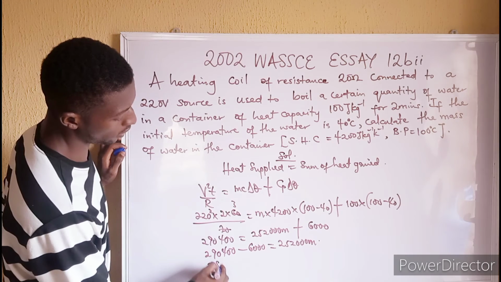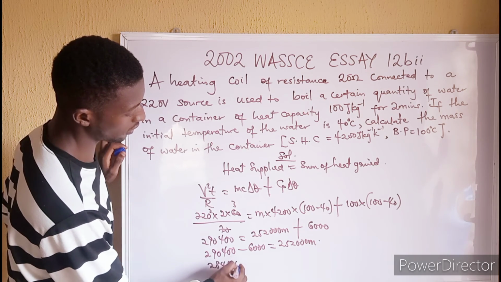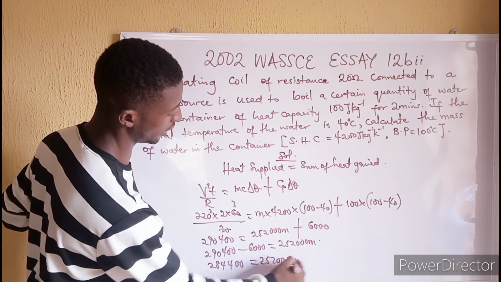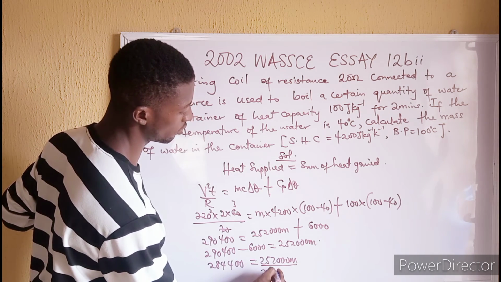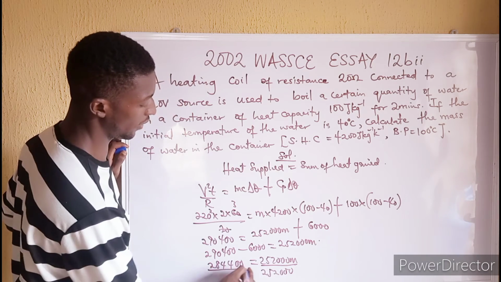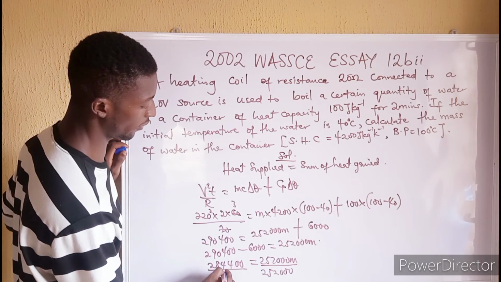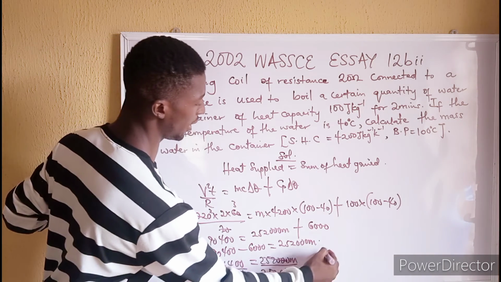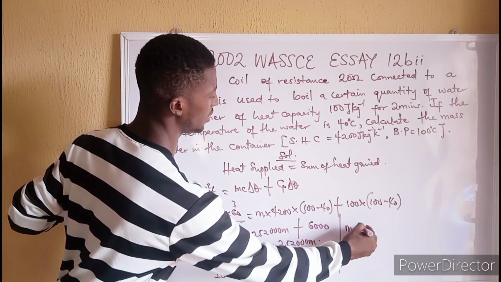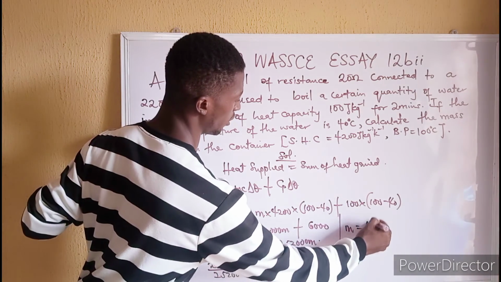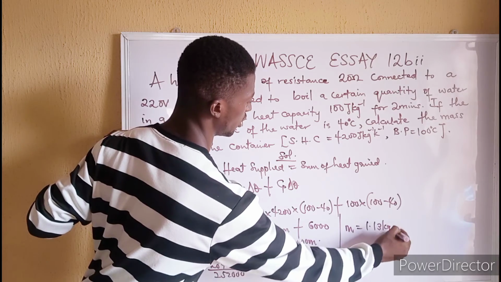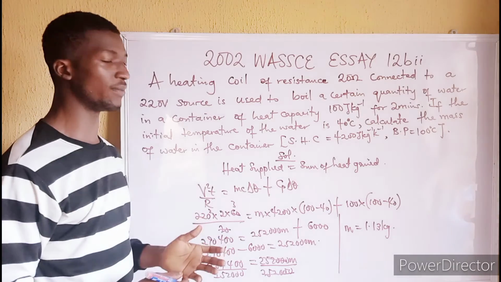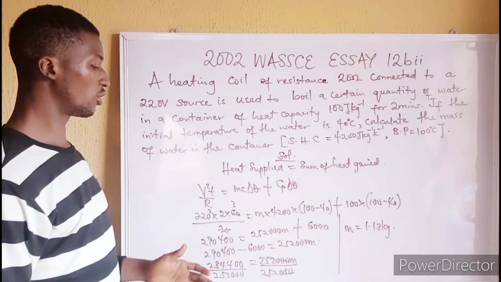So here we have it to be 284,400 equals 252,000 m. Divide by 252,000, divide by 252,000. This will cancel this, and we have now that our m is equal to 1.13 kilogram. So it means that the mass of water that boiled in this case is about 1.13 kilogram.